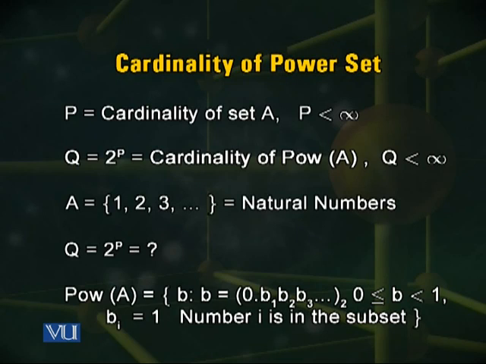So this interval on the real line is represented by this sequence of digits. So the cardinality of the power set of natural numbers is equivalent to the cardinality of the interval 0, 1, which is equal to the cardinality of the set of all real numbers R.